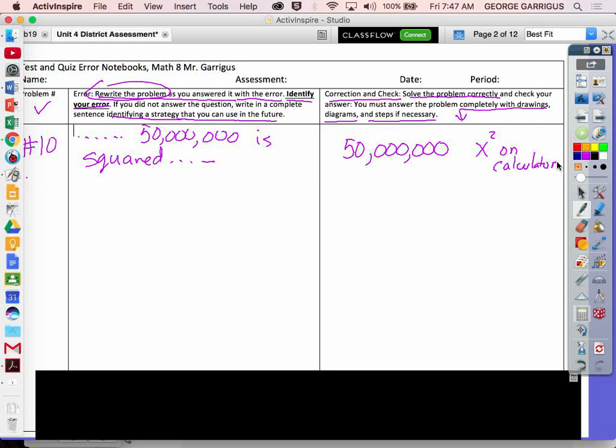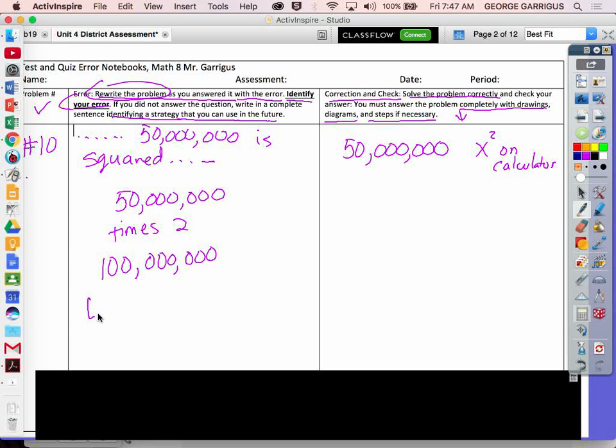And then let's say my mistake was I did 50 million, a common mistake was I times 2 and I got 100 million. That was a common mistake that was made. Squaring is not the same as timesing by 2. And I'm going to identify my error there.